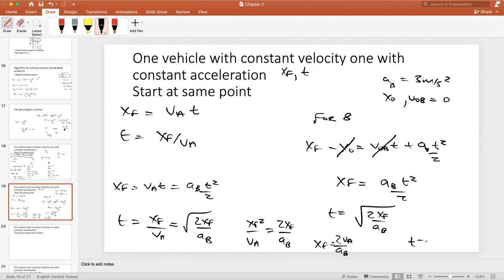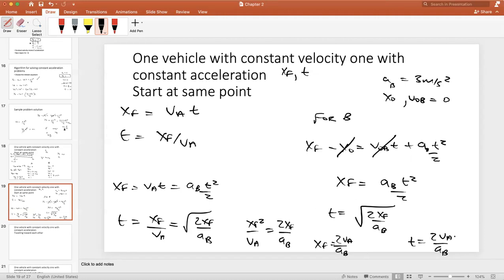I also get that t is equal to 2vA over aB, and that seems wrong to me. I'm not catching my mistake at the moment. 2x final over aB is square root. Yeah, okay. Maybe I'm just going crazy.